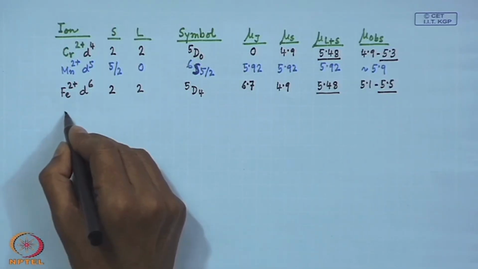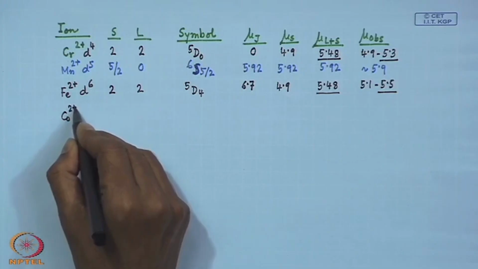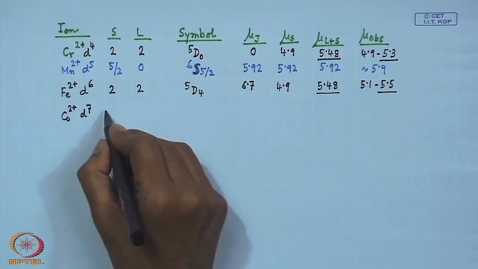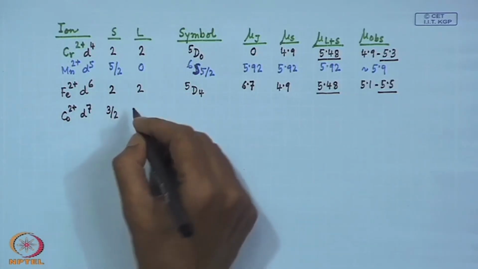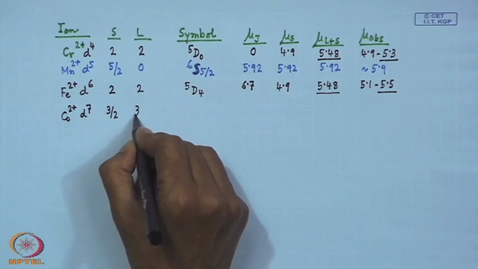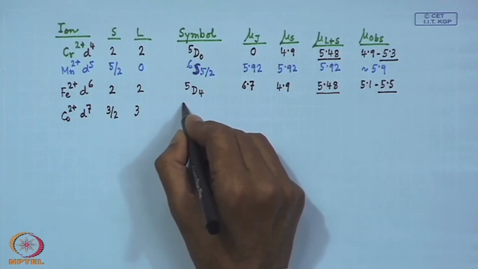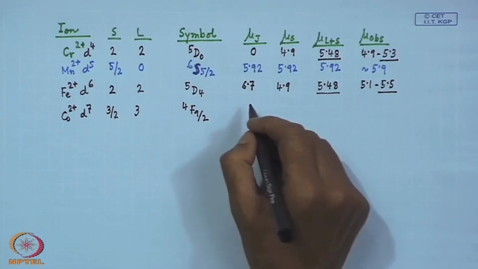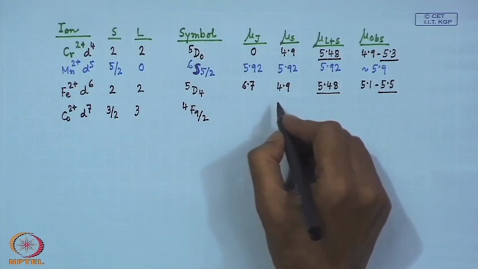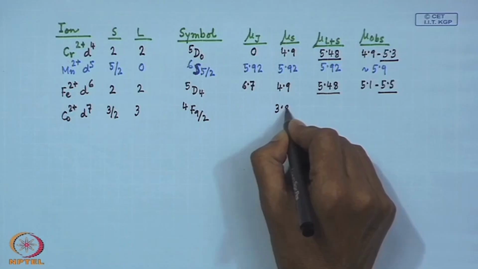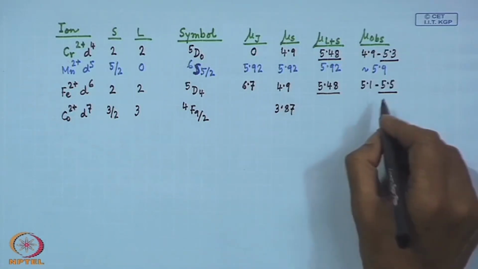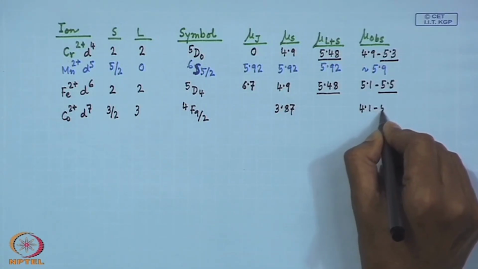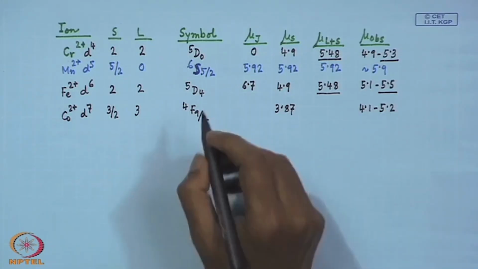Then we have the cobalt 2 plus, which is a D7 system, S value 3 by 2, L value 3, which is 4F 9 by 2 as the term symbol, and the mu spin only is 3.87 for 3 unpaired electrons, but the experimental magnitude is ranging from 5.1 to 5.2.